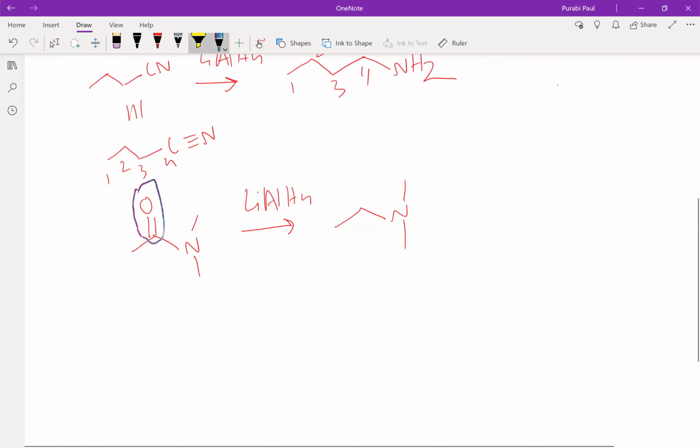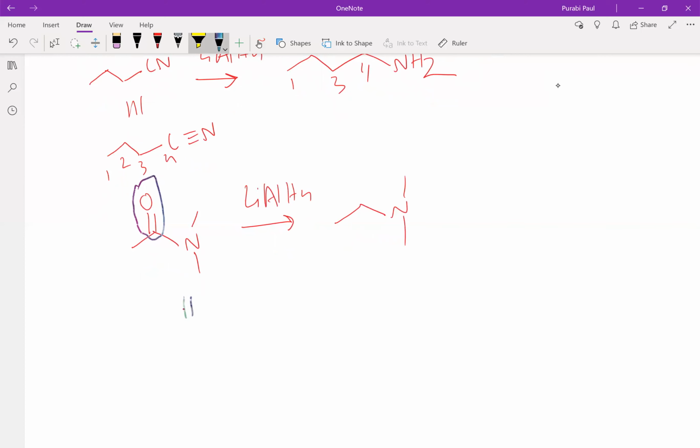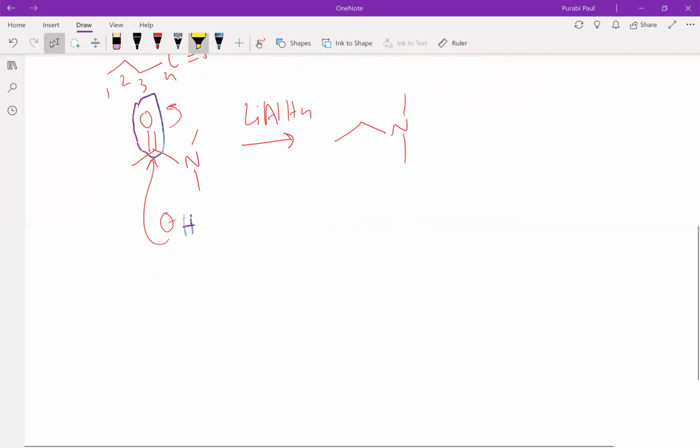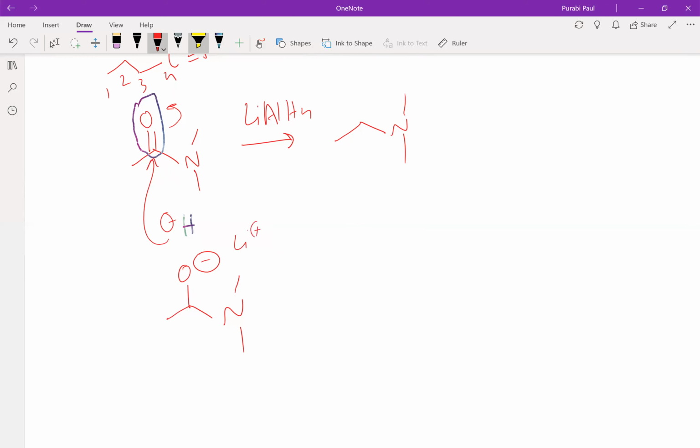And the reason why that happens is that initially the hydride attacks, and you form this intermediate, right? With the lithium plus being the counter ion, okay?